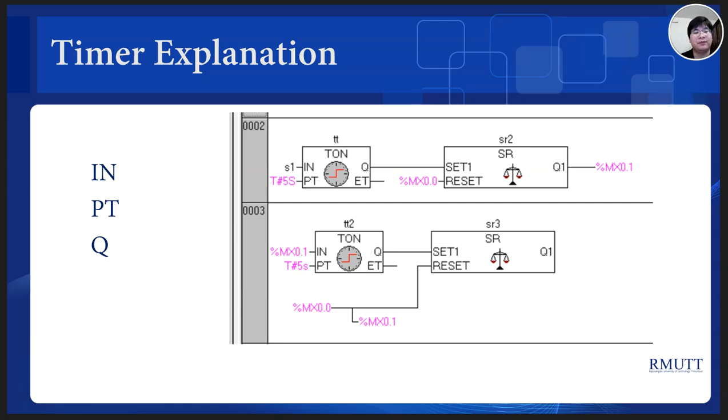I use TON, which means timer on delay. In this block, PT is the preset time. Q becomes true after the preset time has elapsed. The timer ensures the piston stays for 3 seconds.